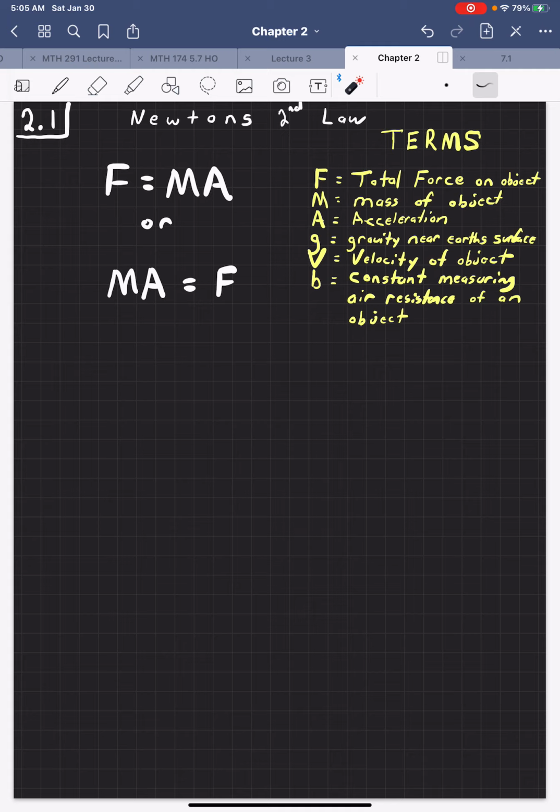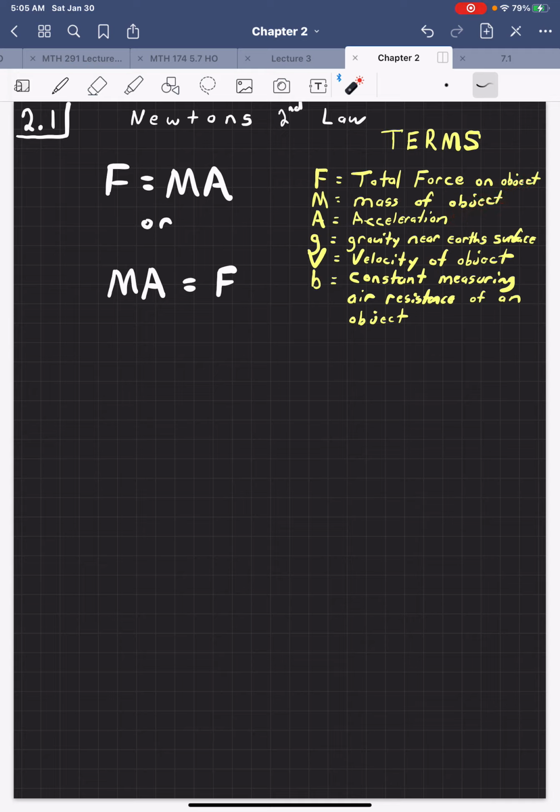So let me introduce some terms really quickly, and then I'll start to unpack a general solution to a differential equation involving Newton's second law. So we know that our F in this equation stands for the total force on an object. M is the mass of an object. A is the acceleration due to gravity.